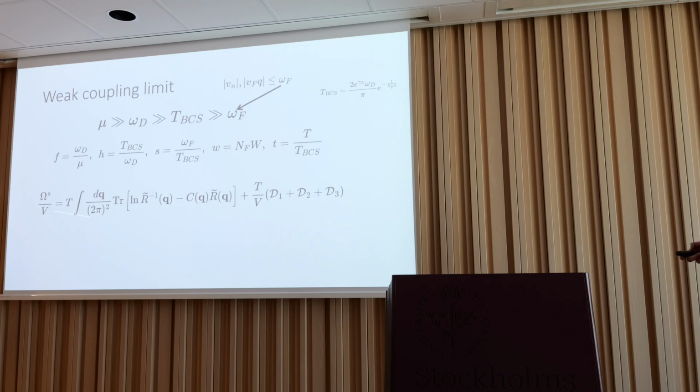So I obtain the following form. So it's the first part, and then this D1, D2, D3 are different diagrams which are first, second and third power in terms of this R, so in terms of the pair propagator. So this is the form that I use.